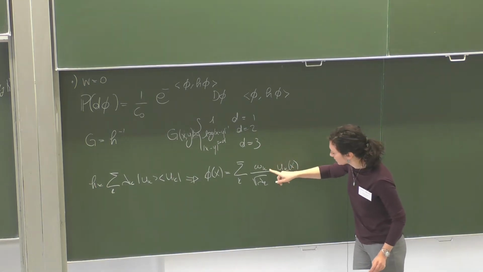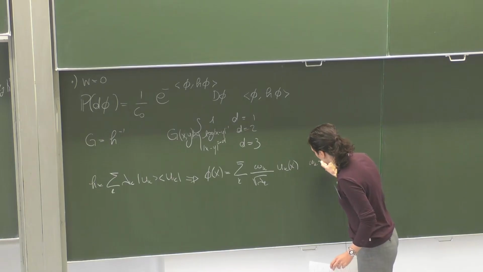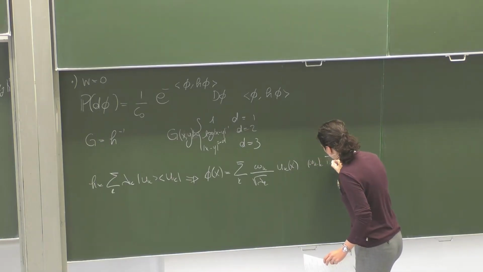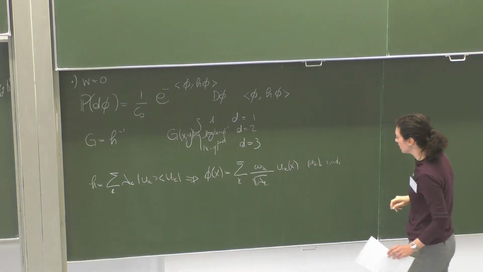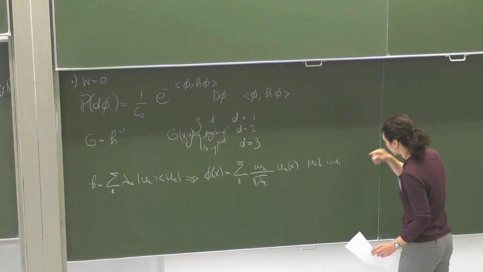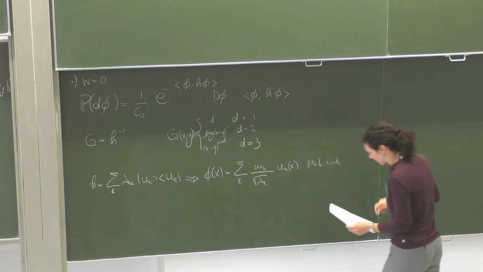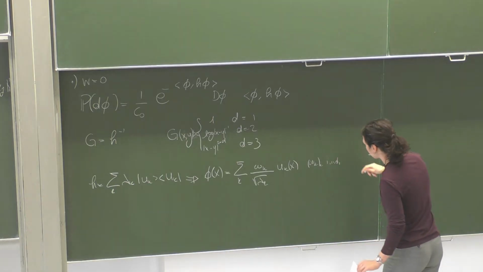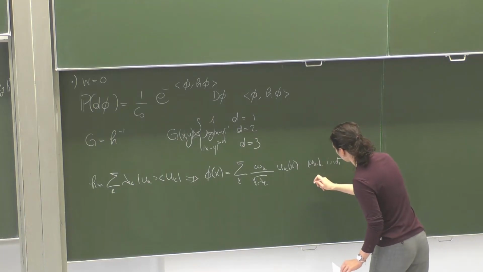So to come back, these omega k are IID standard complex Gaussians with density.